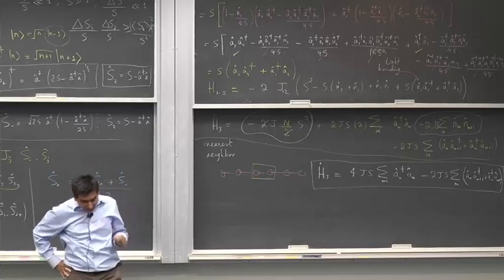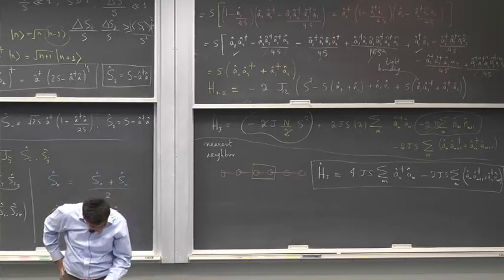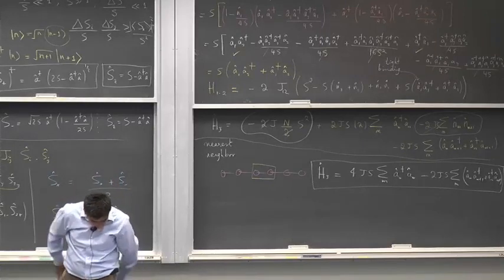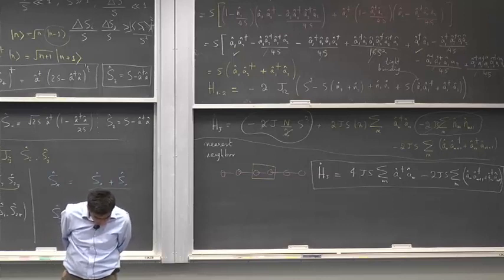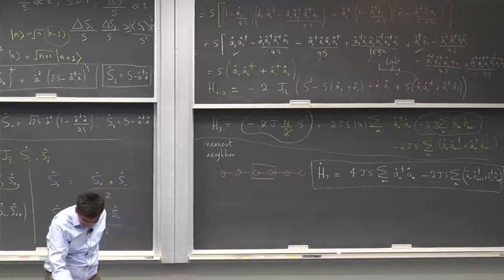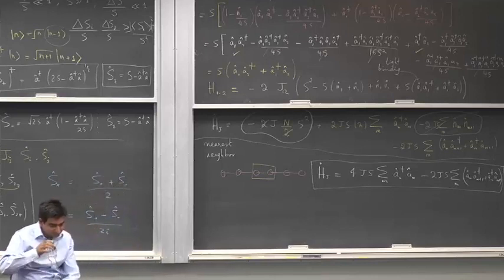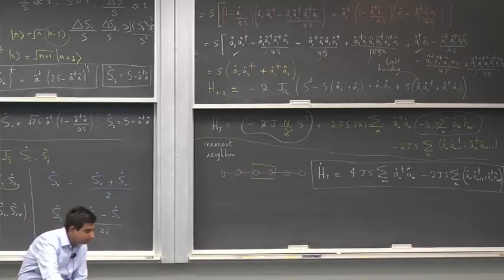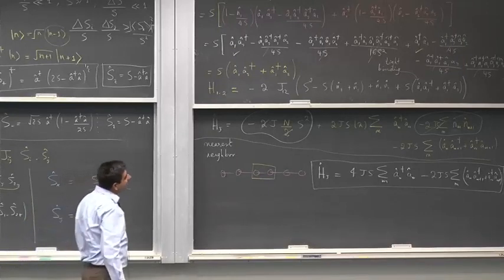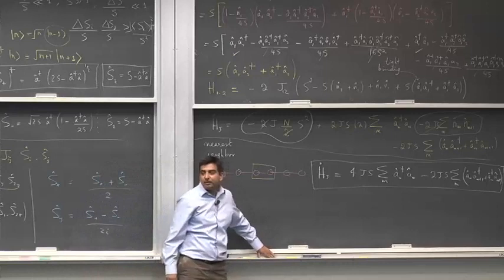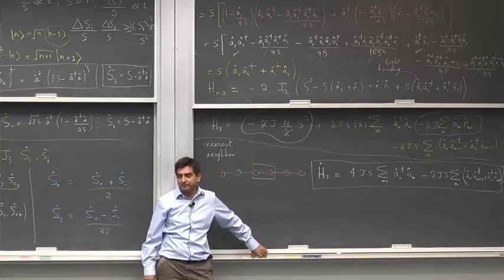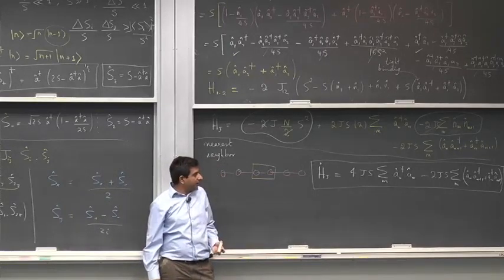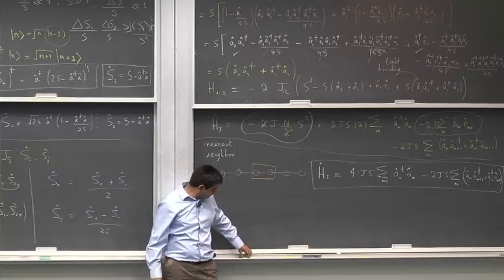Okay, so now how do I diagonalize this? I diagonalize this Hamiltonian by Fourier transformation. Now how do I do that?